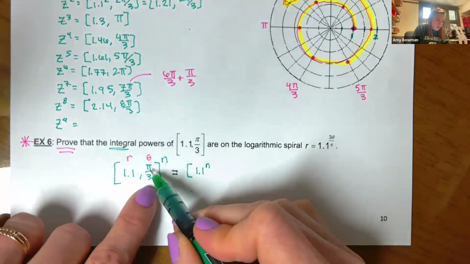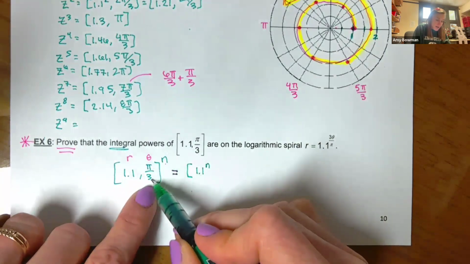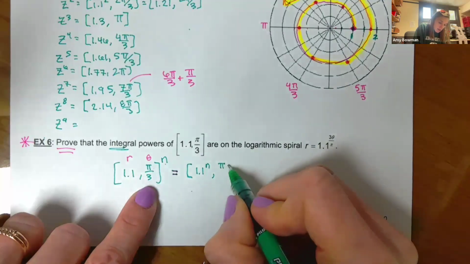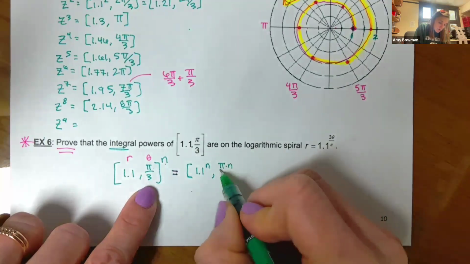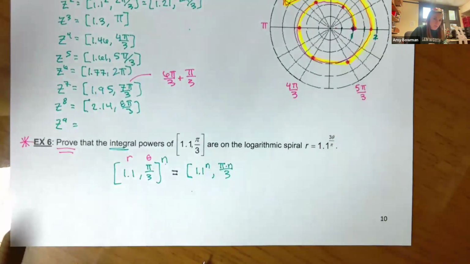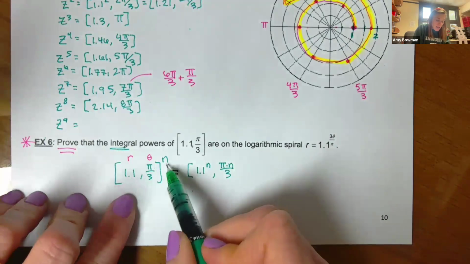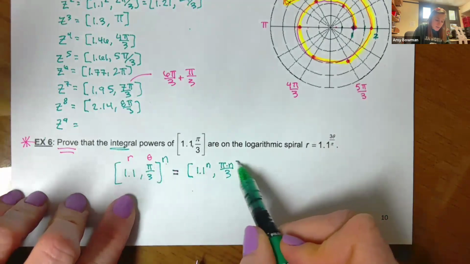And then we're just multiplying pi thirds times n. So that's just going to be pi times n thirds. So all I've done right now is apply De Moivre's theorem. We've got powers of this complex number, so raised to the nth. I'm just applying De Moivre's theorem here.